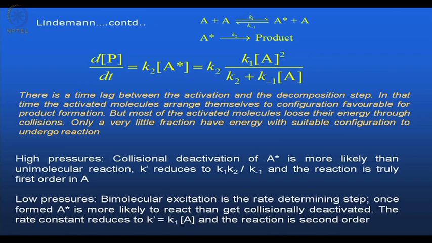Therefore, your K primed is reduced to K1 K2 divided by K minus 1, and the reaction becomes a first order process.